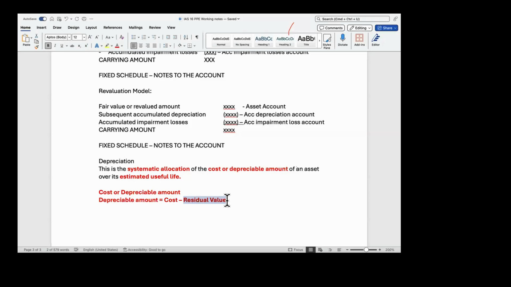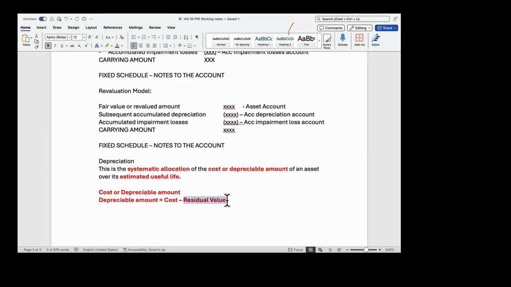That goes to show that because anytime we make estimates in accounting, we expect you to ensure that that estimate makes sense in order to reduce the level of measurement uncertainty. I'm sure you remember measurement uncertainty when I was teaching you faithful representation, right? So you have to ensure that there is a basis for that estimate to reduce the level of measurement uncertainty.